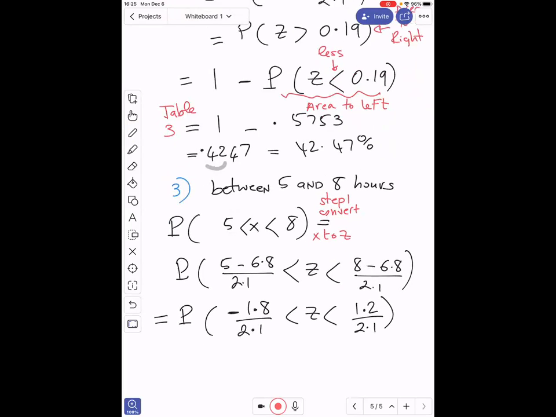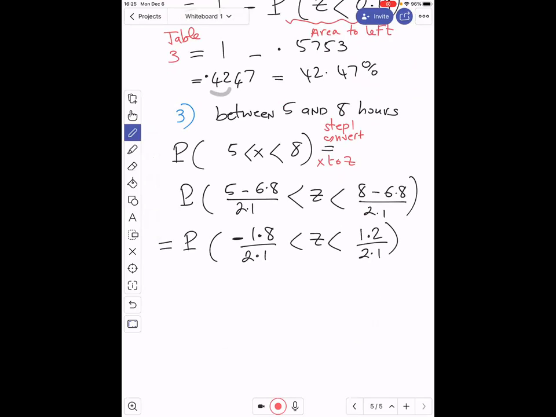Okay, so we divide 1.8 by 2.1. Right, so that's equal to 0.857. So we need to round the answer, I guess. So that will be 0.86.